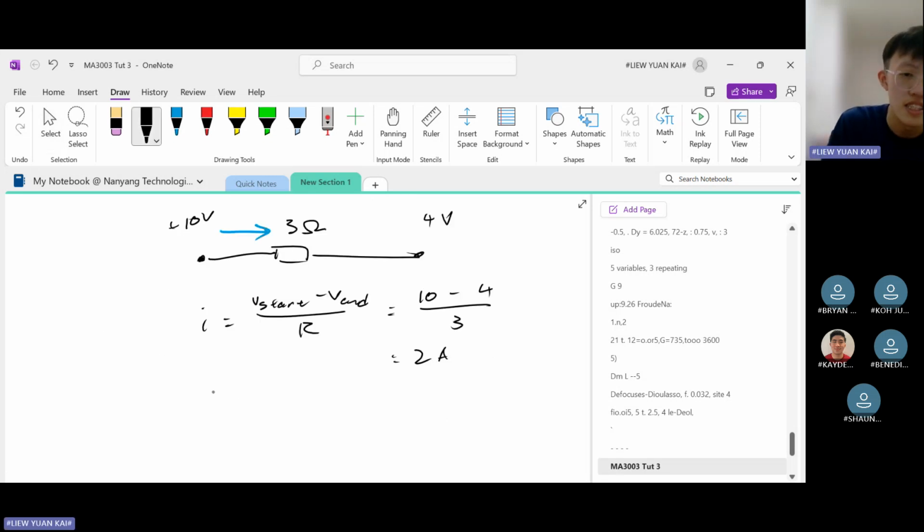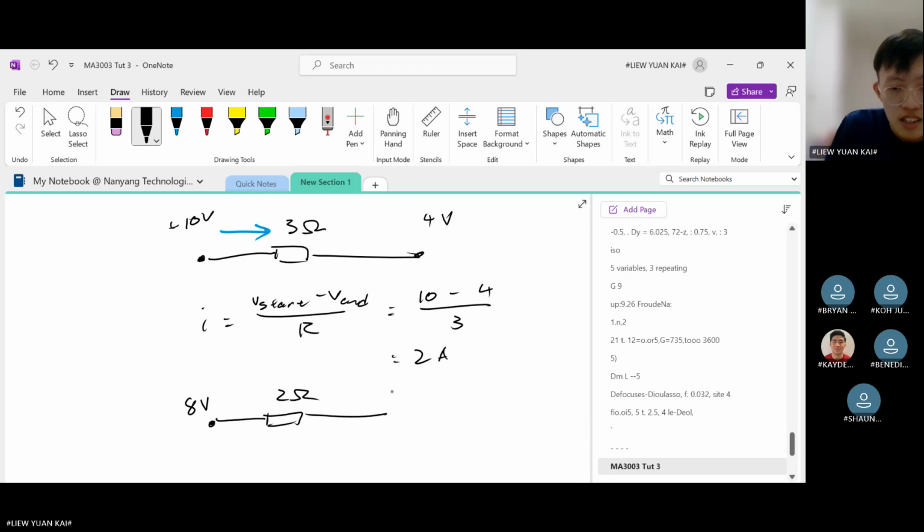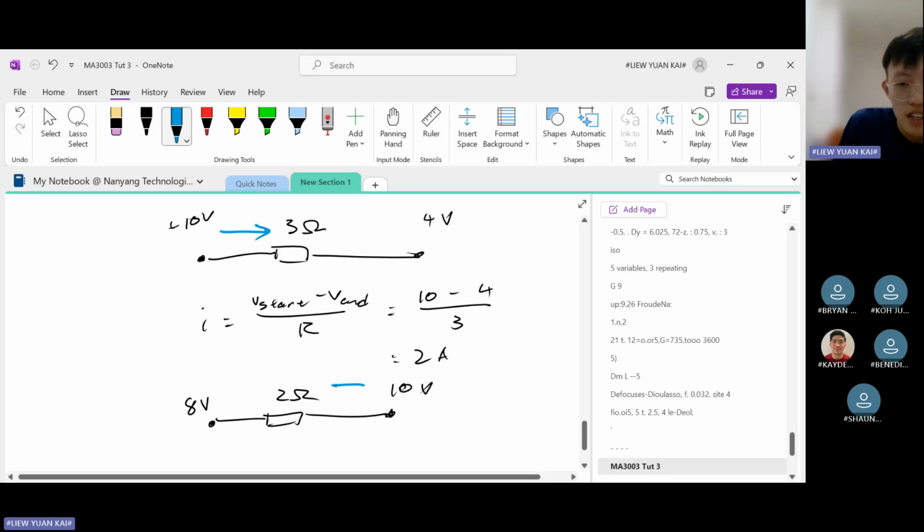Let's say, for example, this is 8 volts, 2 ohms, 10 volts, but now your current flows this way. Where did the current start from? The current starts from here, so 10 volts is my V start.